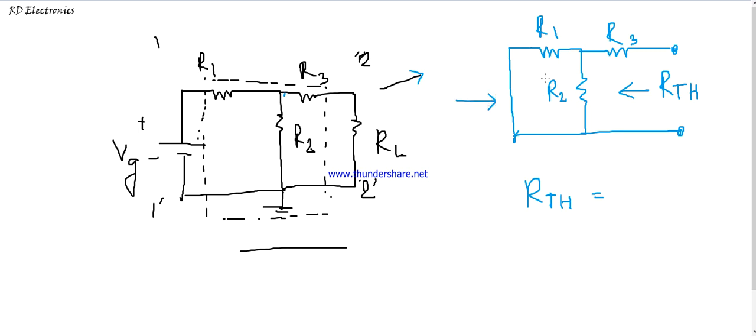So at first R1 and R2 are in parallel combination. So R1 and R2 are in parallel combination in series with the resistance R3.